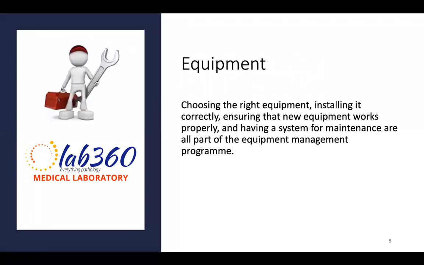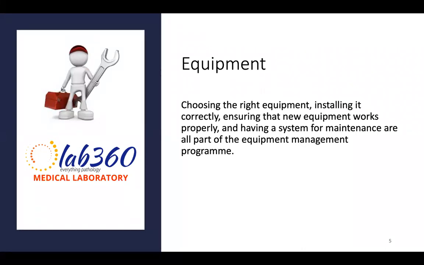And of course, within this facility, you need tools to work with. For a good laboratory, of which LAB360 is a typical example, you need automated equipment, which would definitely help with accurate and timely results if properly handled.